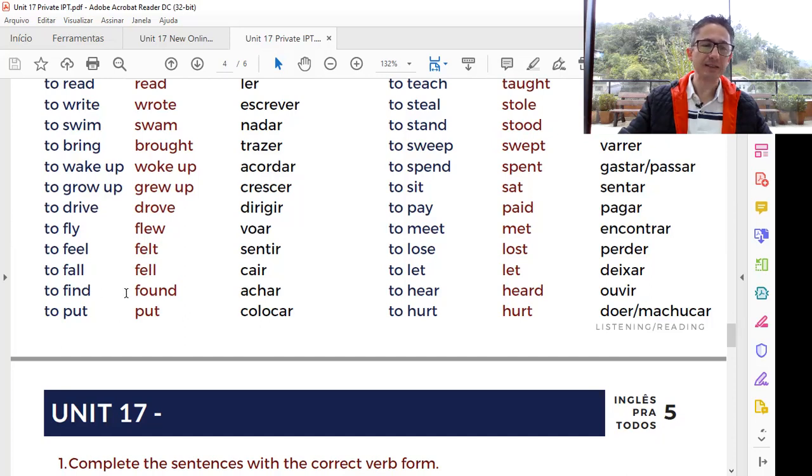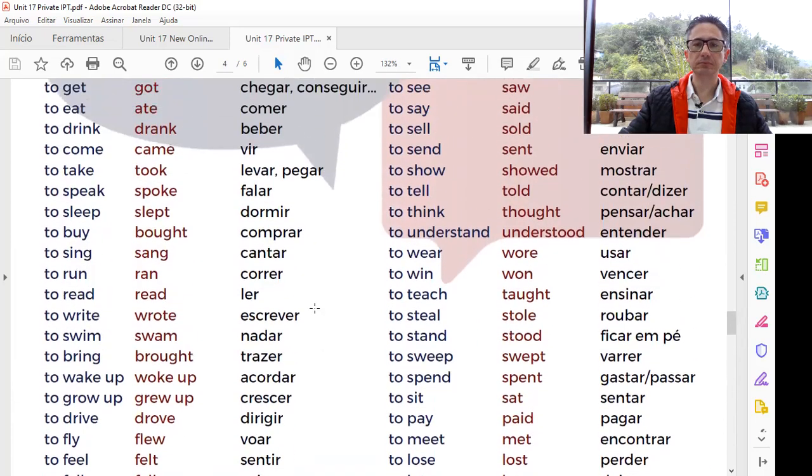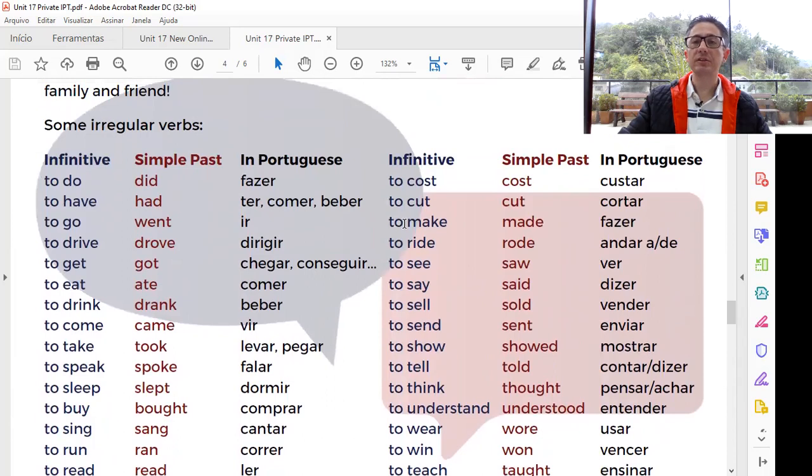To find, found. To put, put. To cost, cost. To cut, cut. To make, made. To ride, rode. To see, saw. To say, said.